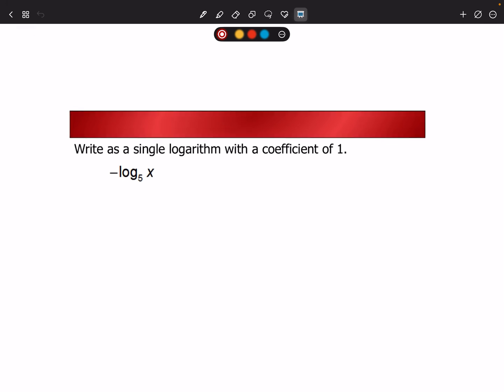Sometimes your logarithm has a coefficient. So this coefficient is a coefficient of -1. When you see that negative out there, that's really multiplying the logarithm by a -1. Now I need that -1 to be a positive 1. So what I'm going to do is move it to the exponent.